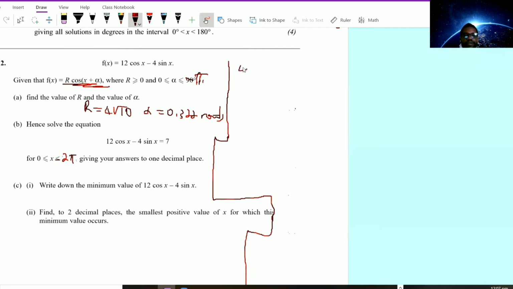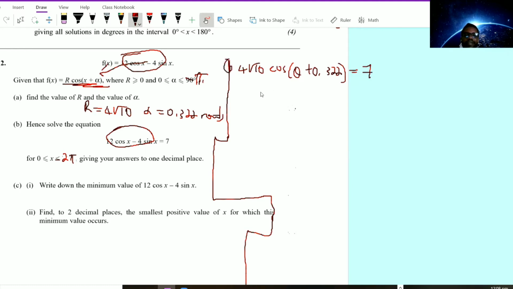So I'm going to have 4 root 10 cos of theta plus 0.322. So bear in mind that this is equivalent to the original expression, which is equivalent to 4 root 10 cos of theta plus 0.322. So I'm just going to equate this to 7. This is part B.